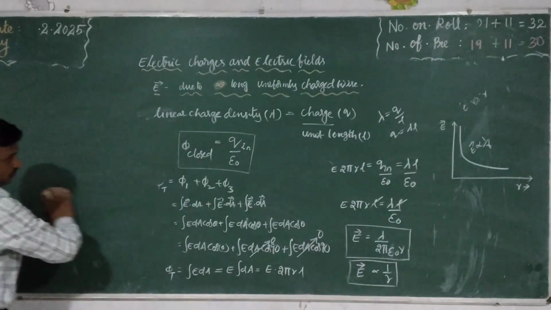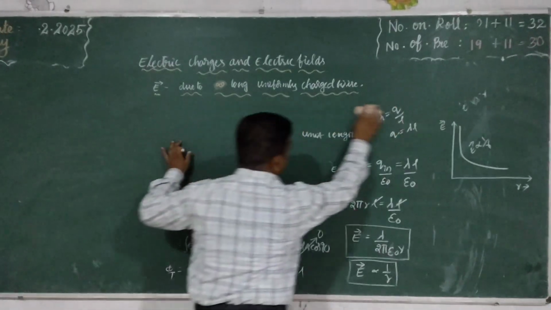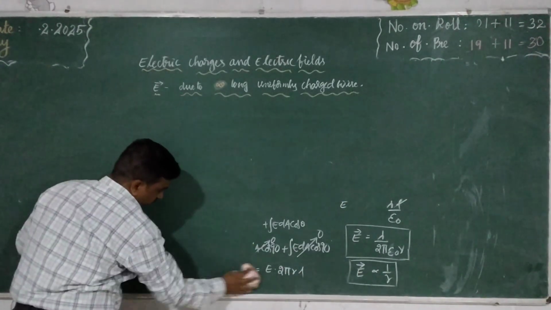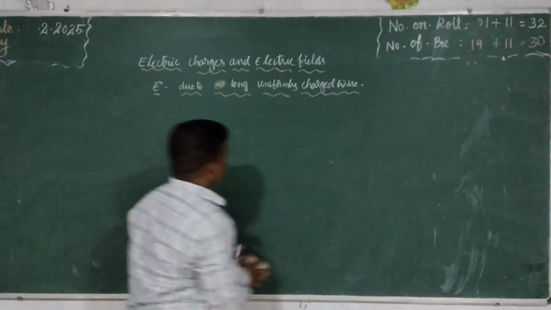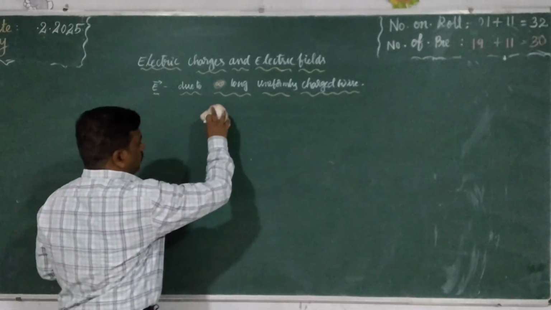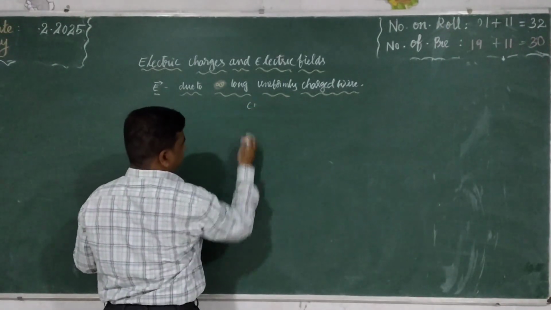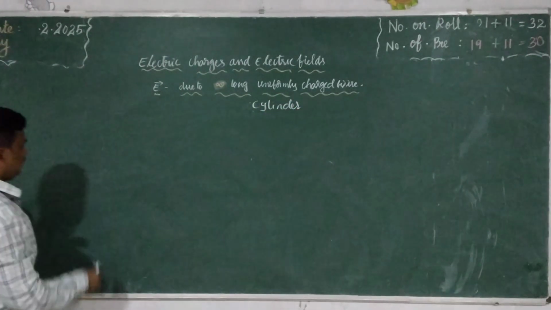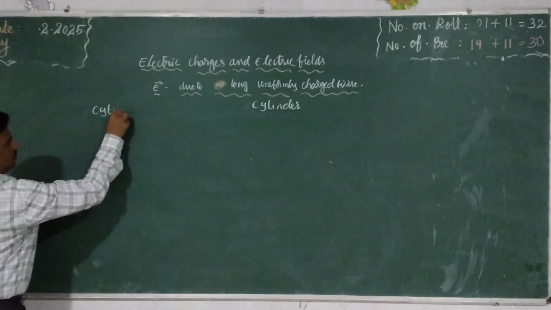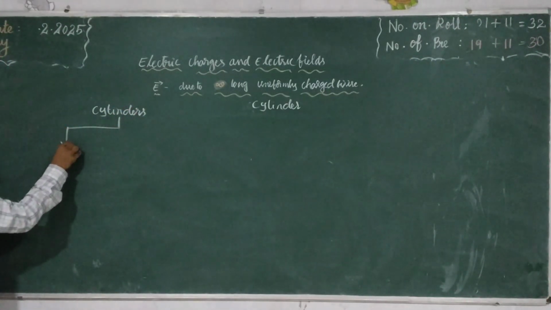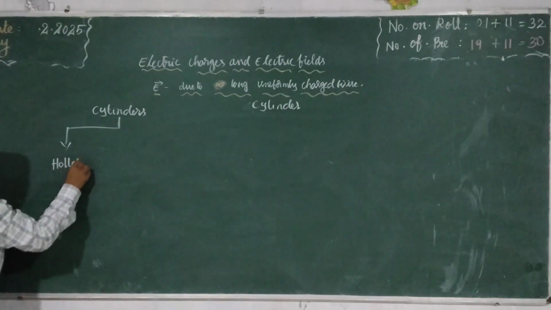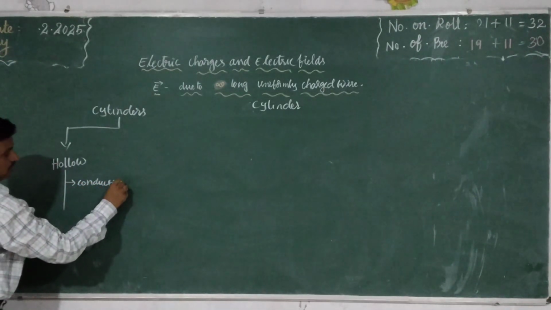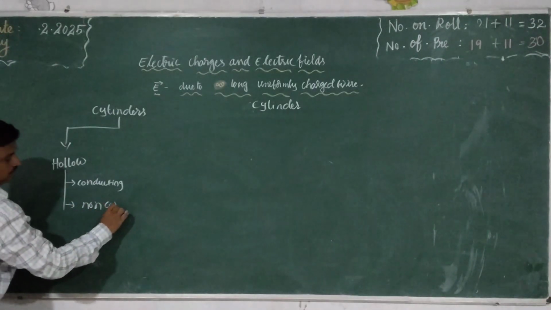What is the electric field due to cylinders? We have two types of cylinders: hollow cylinder and solid cylinder. Hollow again has two types: conducting hollow cylinder and non-conducting hollow cylinder.